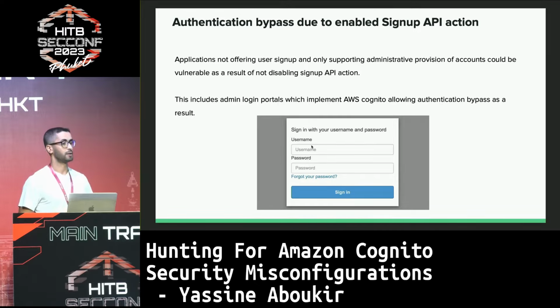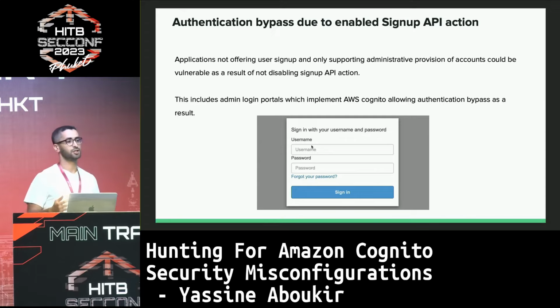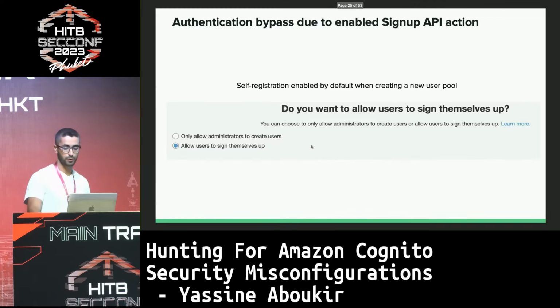You can create an account on that application, even if you do not have an option to do that from the user interface. How you can do that is just directly calling the Cognito endpoint and then signing up for your account. It's pretty easy. From my experience in the AWS console, the developer has the choice to either allow self-registration or disable it, but it's always enabled by default.